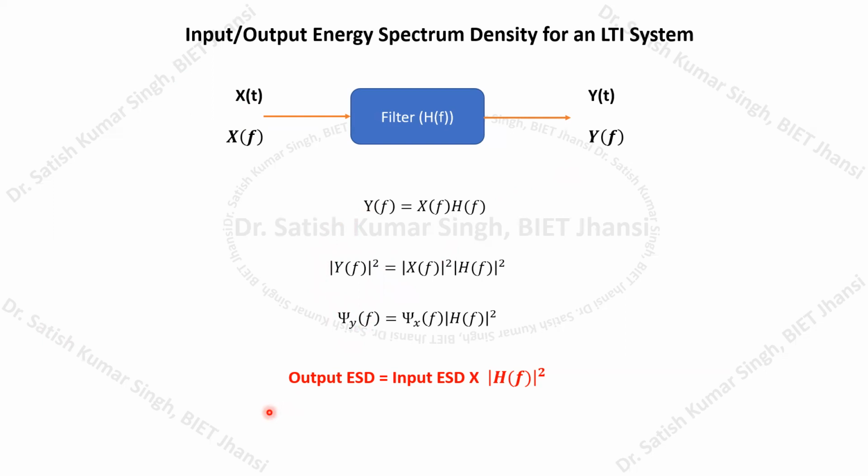So the output energy spectral density equals the input energy spectral density multiplied with mod of H(f) whole square. This is a very important relationship. If you know the input ESD, you can directly calculate the output ESD by this formula: psi y(f) equals psi x(f) multiplied with mod of H(f) whole square.